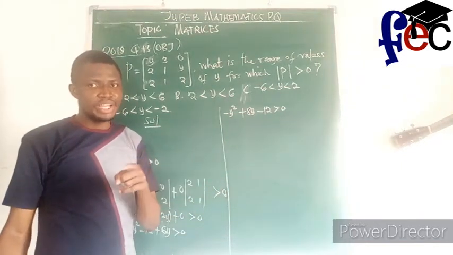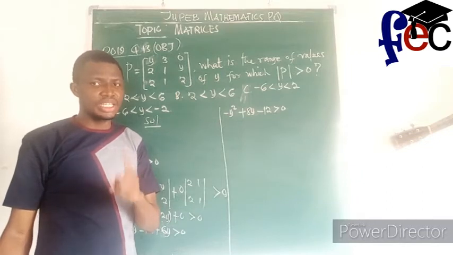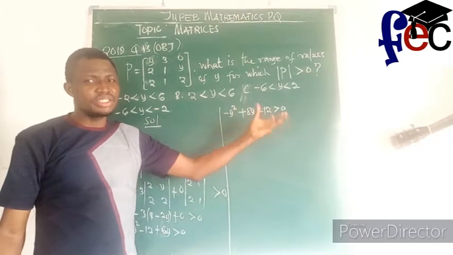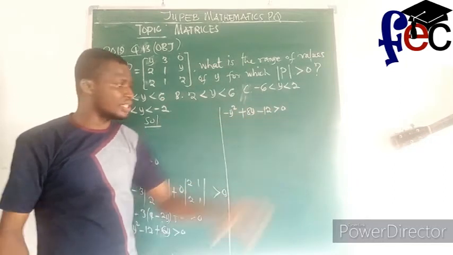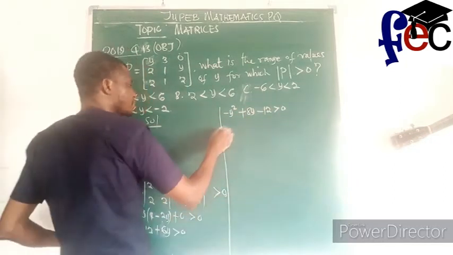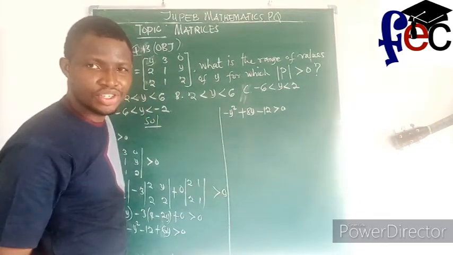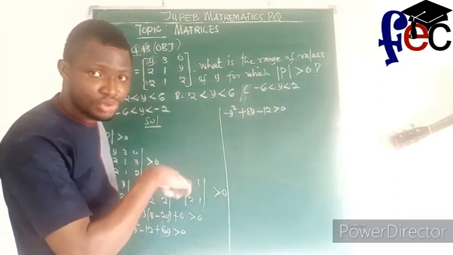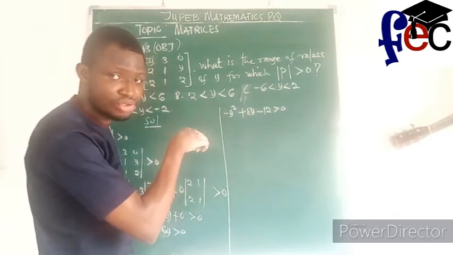I hope you know, mind you, that whenever you are multiplying with a negative sign in an inequality, the sense of the inequality will be reversed. I hope you know that. So when we multiply, I'm going to use it by implication. I only told you what I intend doing.